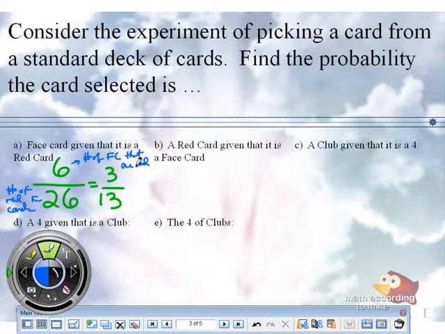Correct. So let's start with the denominator. How many face cards are there? 12. Out of those 12 face cards, how many are red? 6. Which is 1/2.